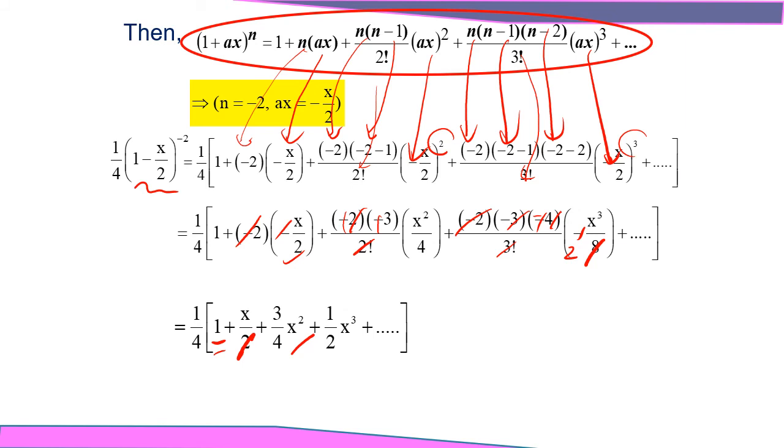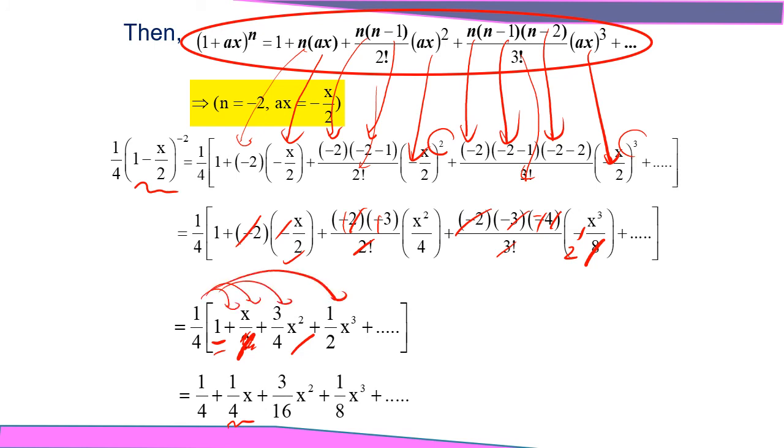The negative 2 and negative 2 here can be cancelled out, so we don't have 2 here. So 1 over 4 of 1 plus x plus 3 over 4 x squared plus 1 over 2 x cubed. Okay, so if you notice here, this is the correct answer. We expand 1 over 4 multiplied with everything here. So we have 1 over 4 plus 1 over 4 x plus 3 over 16 x squared plus 1 over 8 x cubed plus dot dot dot.